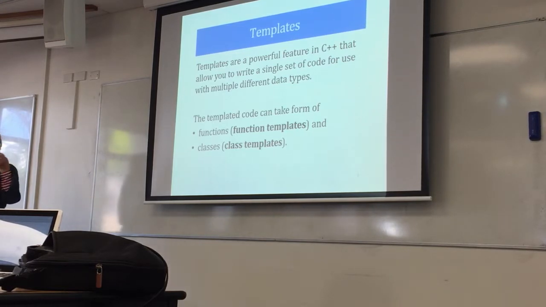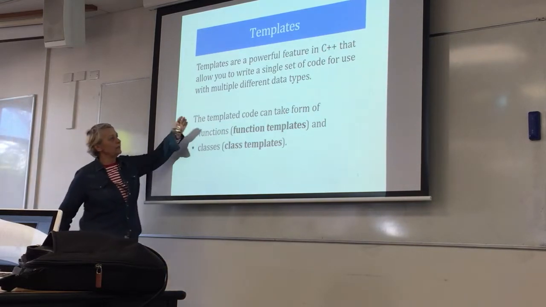Now, combining templates and inheritance can be very difficult to understand in terms of code. Very few types use templates and inheritance. In the standard template library we have them, but you will see not too many, because it makes the code very difficult to understand, but it's possible.